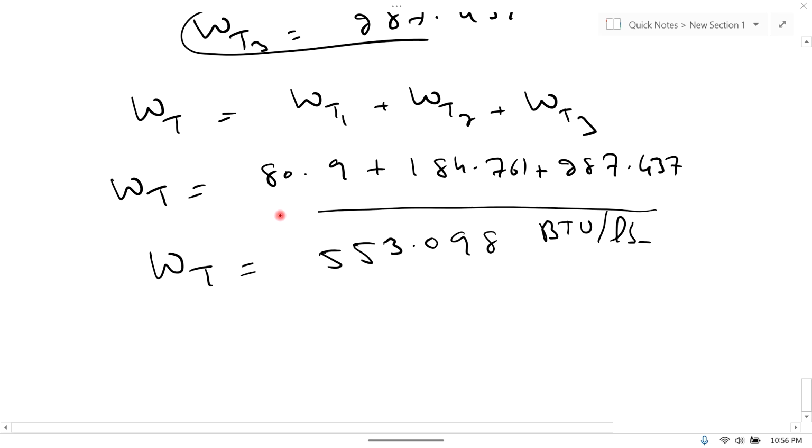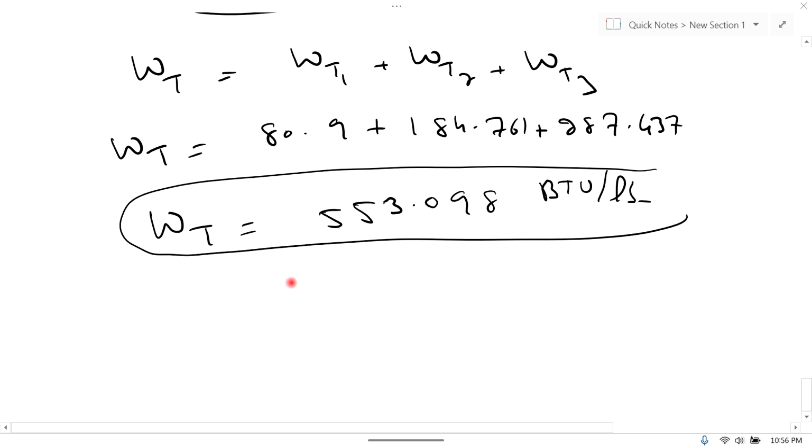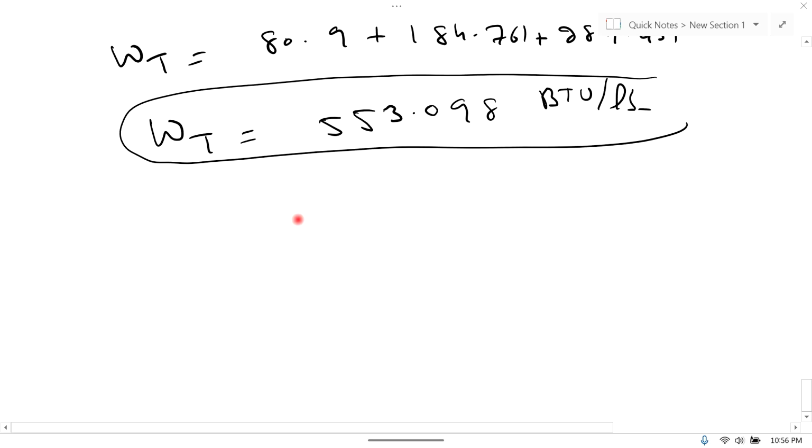Now to find net work, we will find the work of the pump. We know the formula for efficiency of pump, from the book by El-Wakil, is (H4S minus H3) divided by (H4 minus H3).